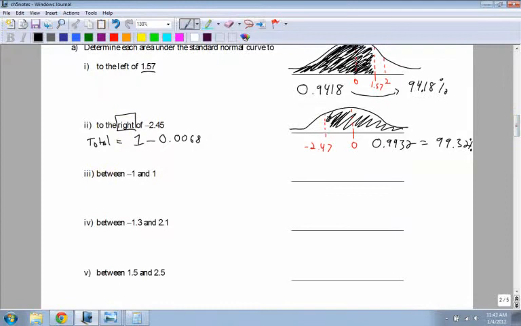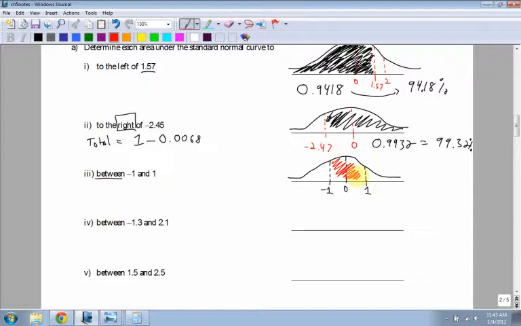Next one, between. Okay, now this is even different. So here's my curve, my 0, and I want between negative 1 and positive 1. Negative 1 and positive 1. I want just the area between here.